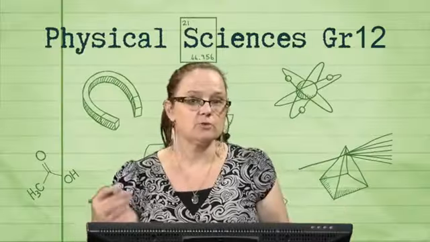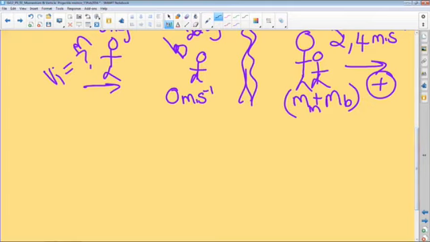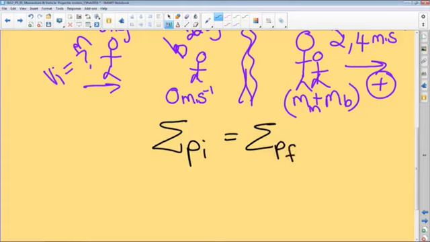Now I'm going to start with, well, how do I set this out? I'm starting with the fact that we have conservation of momentum. So total momentum before, my initial, is equal to my total momentum afterwards. Now we need to set it up so we can do some substitution.